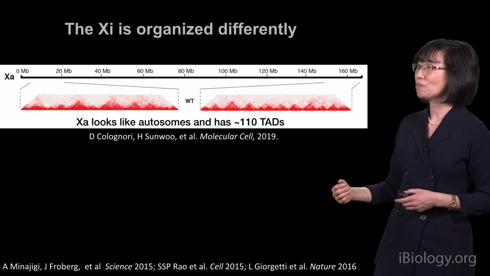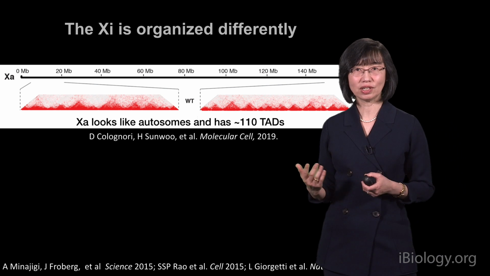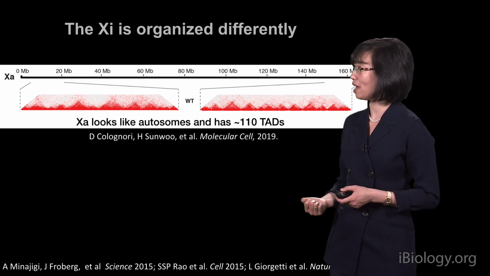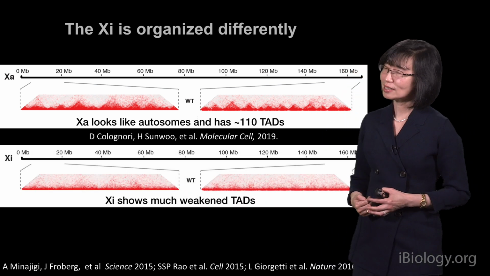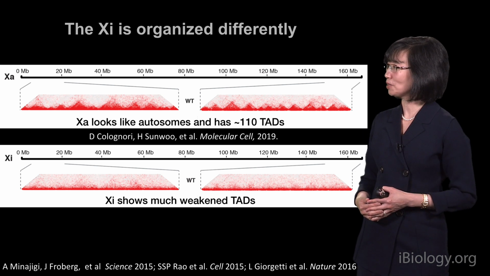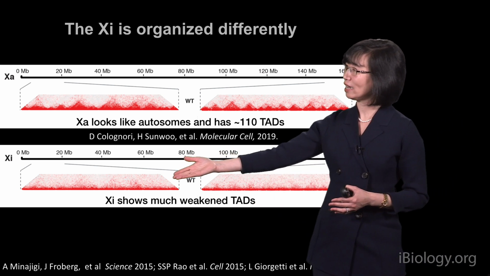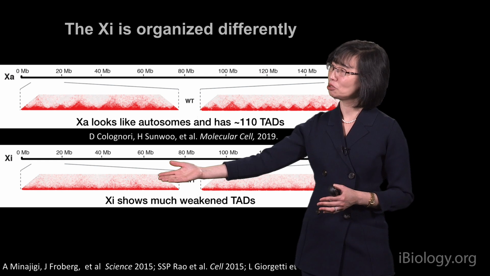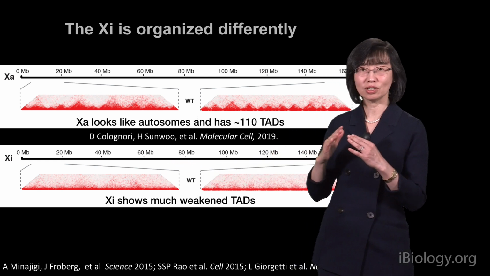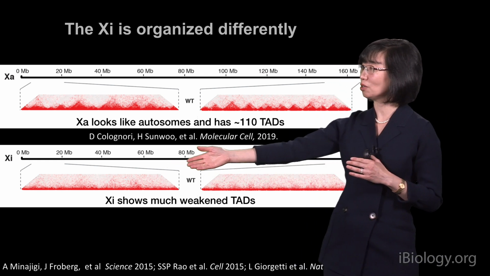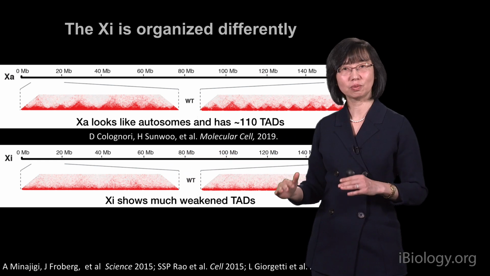On the X chromosome, there are about 110 of these topologically associating domains. Now contrast that with the inactive X chromosome, where, yes, you might still be able to envision a formation of these topologically associating domains, but they are much, much weakened.